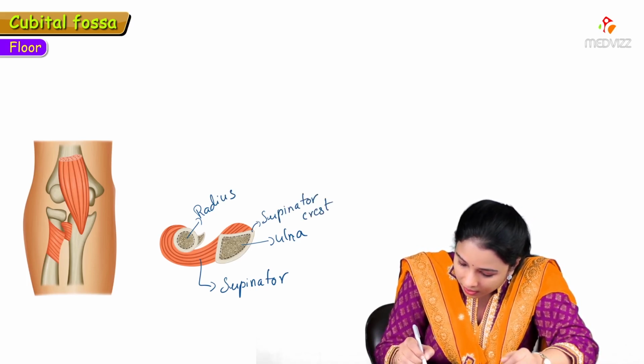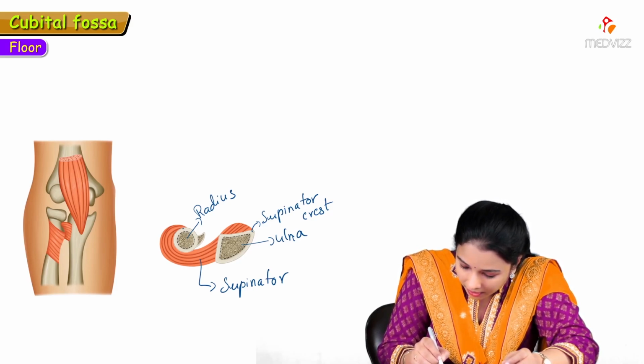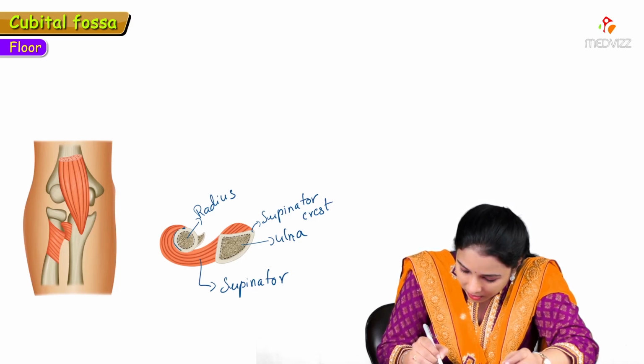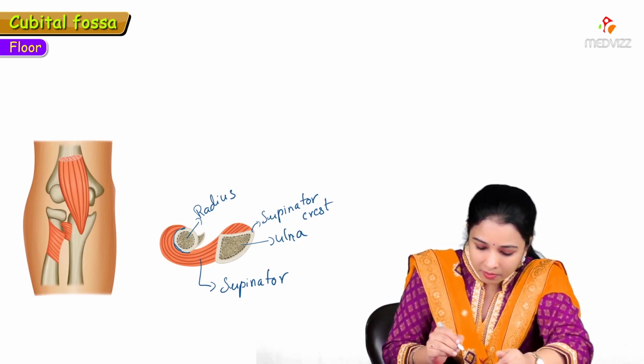So we can see the muscle, it attaches near the supinator crest of ulna, and also it winds round the radius and attaches anterior to the radius by winding round. So attachment is on the lateral side as well as posterior side as well as partly till the anterior side. So this is how the supinator is present.